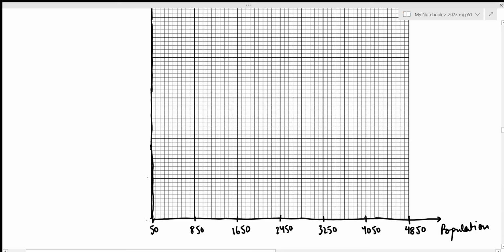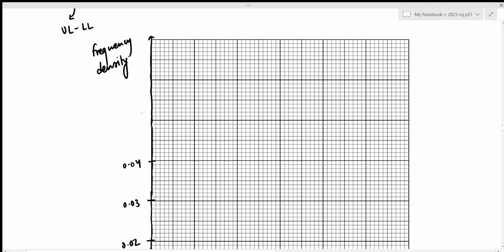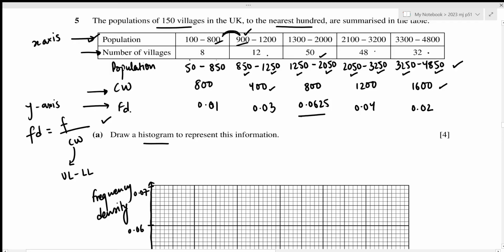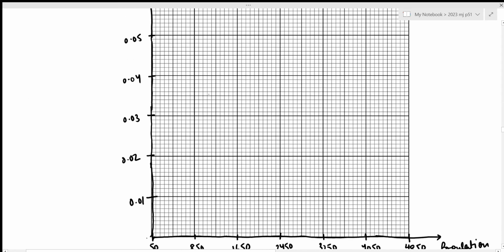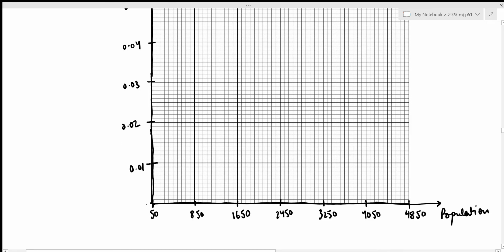So we can consider one block to be 0.01. Okay. Now the first one starts from 50 to 850 and the frequency density is 0.01. So from 50 we have 0.01 till 850. So that's the first block of our histogram.